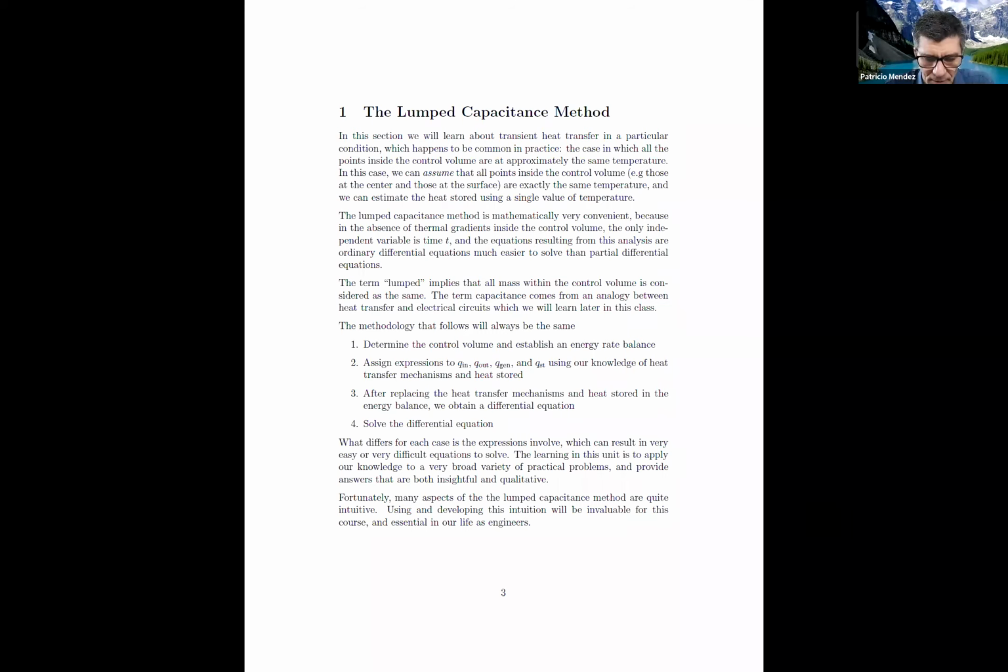So the methodology we will follow is similar to what we have seen so far. One, we determine the control volume and we make an energy rate balance. You know how to do it.